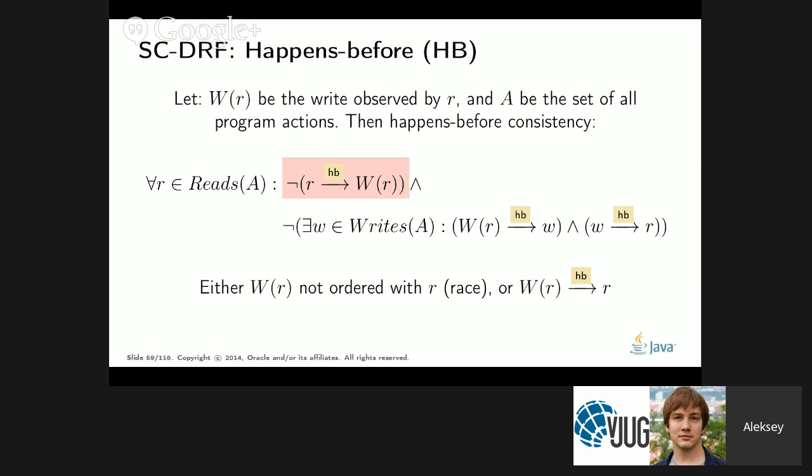Either the write I am observing with this read is not ordered with the read itself, and this by definition is a race, or I observe the latest write in the happens before order to this particular location.